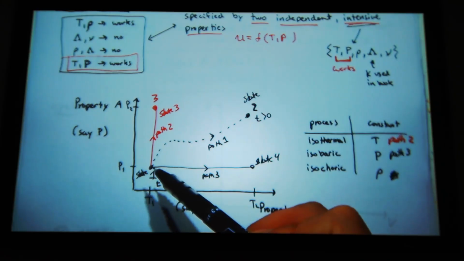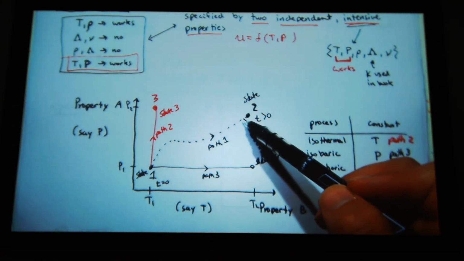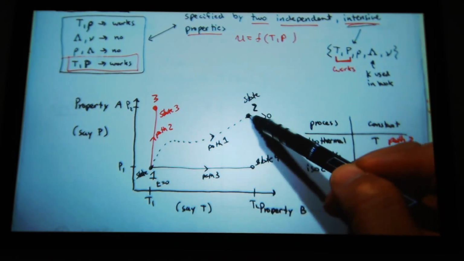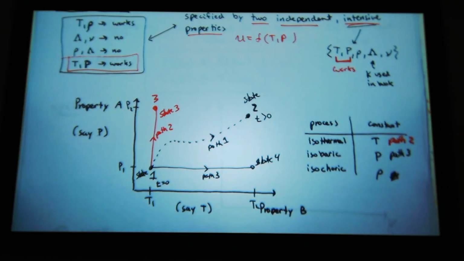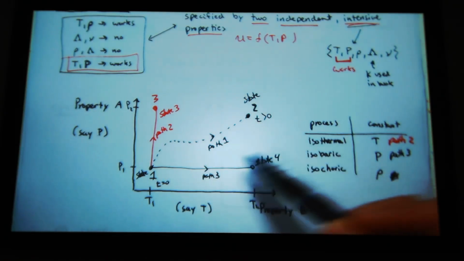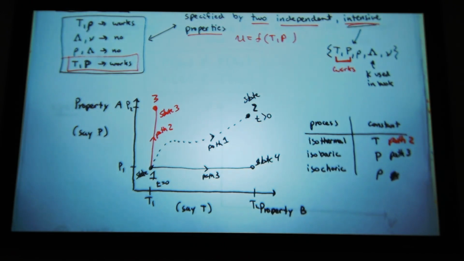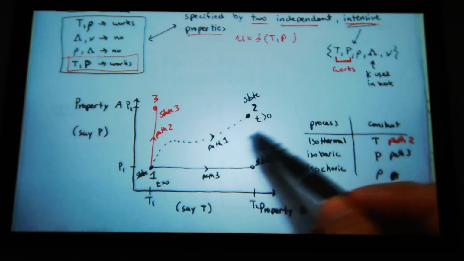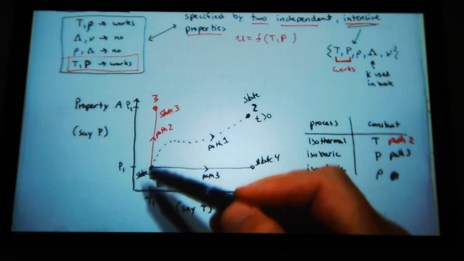If you notice, I can't just go immediately from state 1 to state 2. It has to be continuous. I can't just increase the temperature and pressure instantaneously. I have to have some continuous variation. So quantum mechanically, we could go from state 1 to state 2 without a path, binary, like flipping a coin. In thermodynamics, we can't exactly do that.